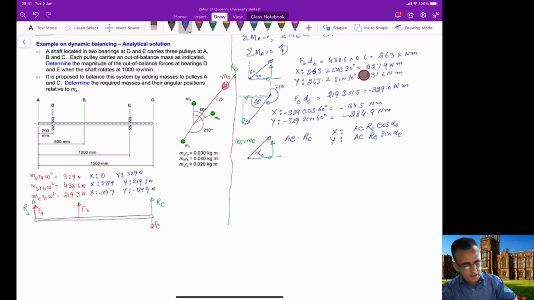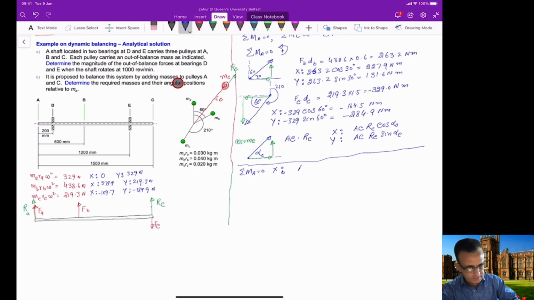Okay. So now what I will be doing, I will be just applying this condition, summation of all the moment at A equals 0, and I will be applying it initially in the X direction. So we have all the X components, component 1, component 2, component 3, and then we will just add all these components together.